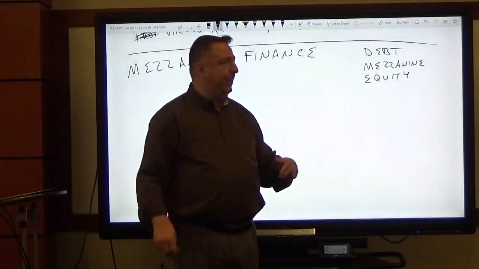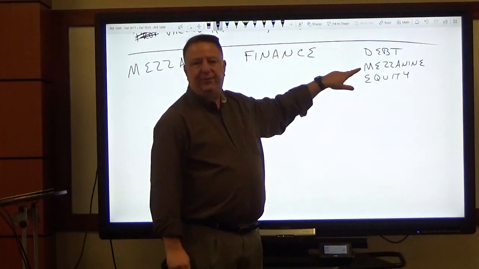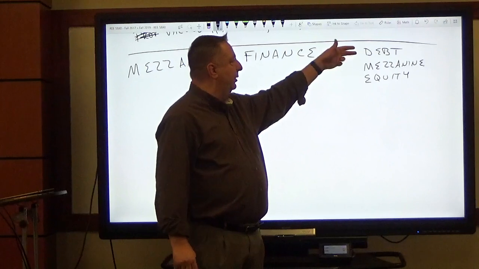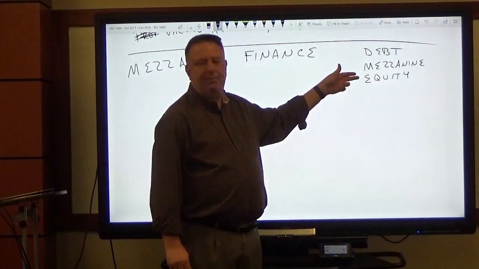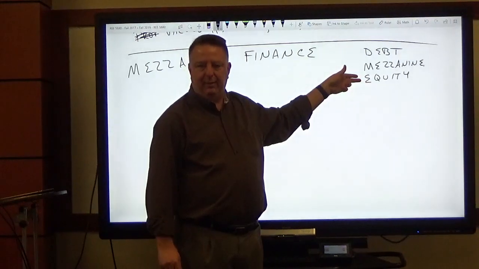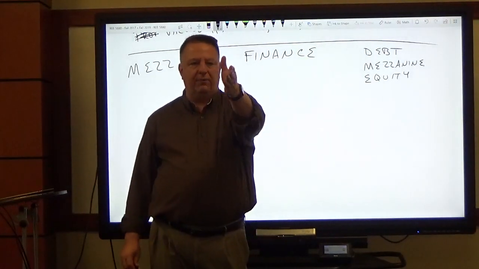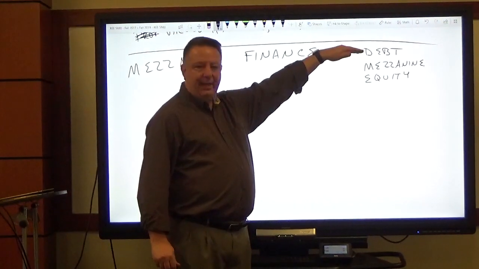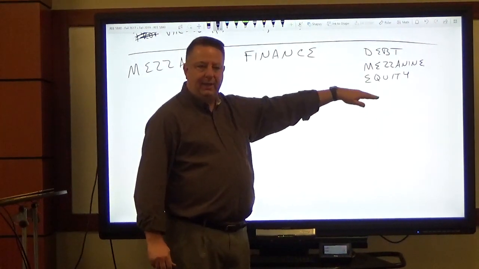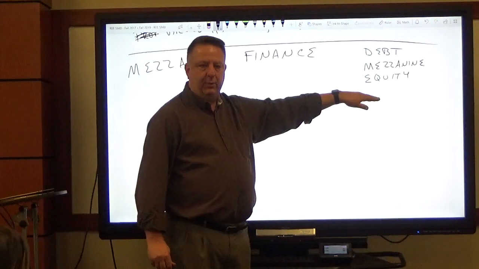The reason is they're going to get paid right after debt, but not before the equity player gets paid. So in terms of your waterfall, this will be the priority: debt gets paid first, mezzanine gets paid second, equity gets paid third.